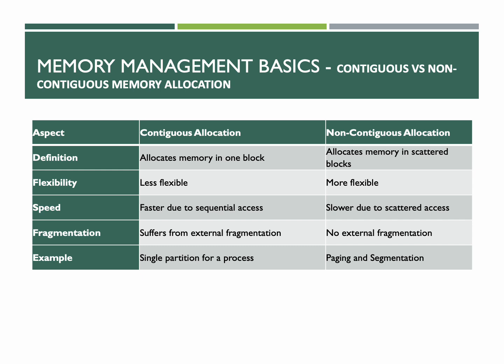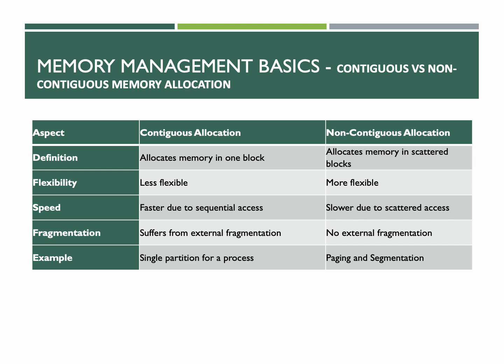Okay, so memory allocation is a fundamental aspect of operating systems. It determines how processes are assigned memory in a system, either in a contiguous or non-contiguous manner. Now let's explore the differences between these two approaches. First is the definition. Contiguous allocation allocates memory in one continuous block for a process. This approach requires processes to occupy consecutive memory locations.